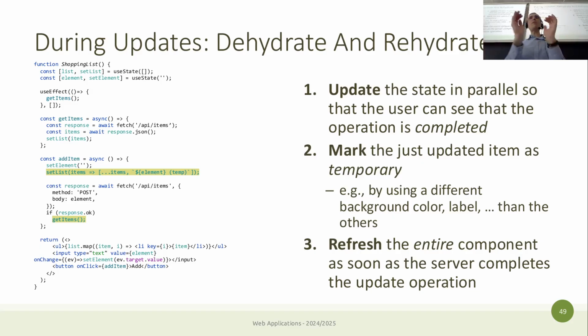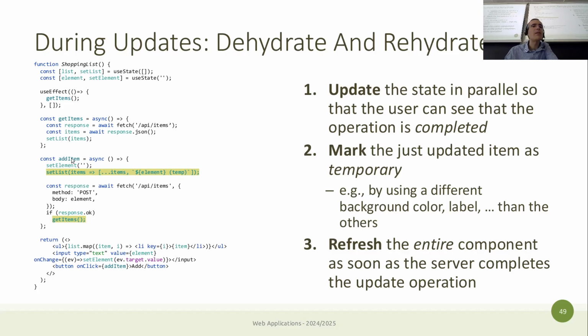So an immediate update of the user interface, but with something that says it's temporary, waiting for the confirmation from the server, and then an update from the server to keep the state of the client synchronized with that of the server.